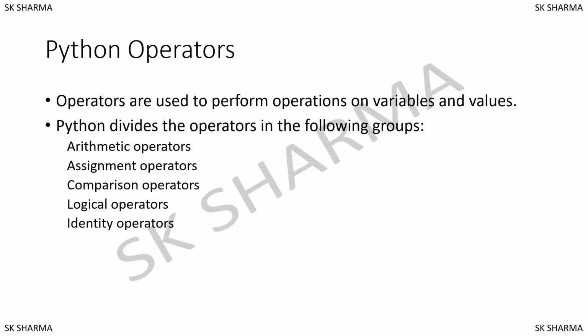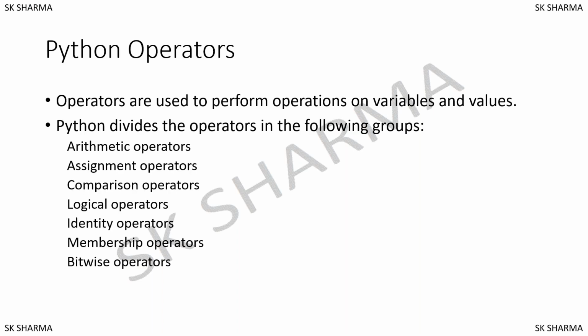Identity, how we can check the identity of two variables: are those equal, or do they have the same memory location? Membership operator, is a particular variable a member of another variable. Bitwise, which we usually don't use. It comes from the bit operations we perform in digital electronics, like 1, 0 and all that.